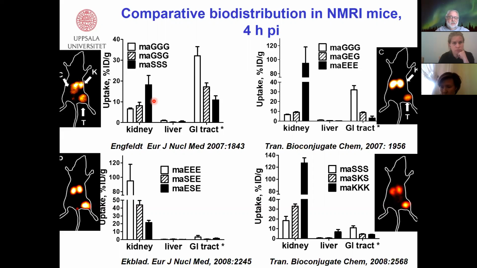So we tried to make an even more potent hydrophilizing of the complex. This time we used glutamate instead of serine, which is negatively charged and accordingly much more hydrophilic.